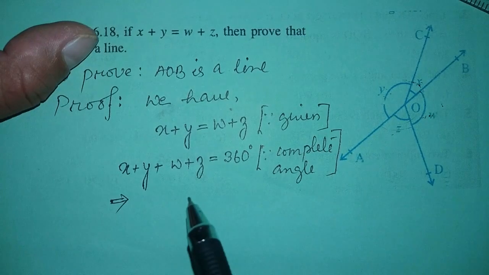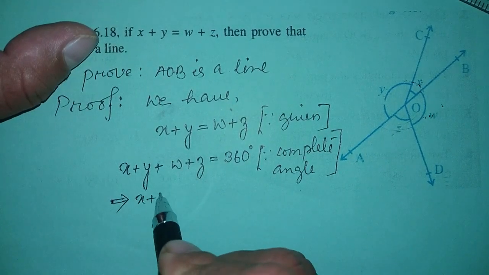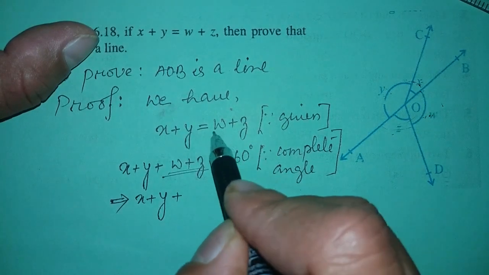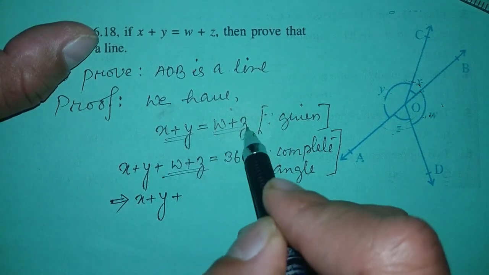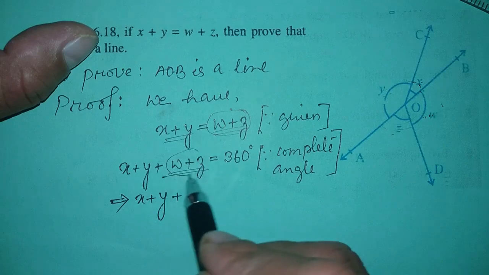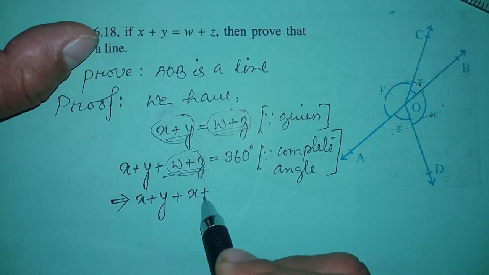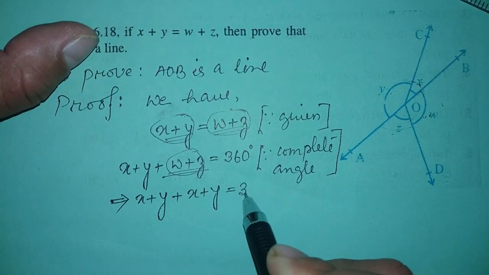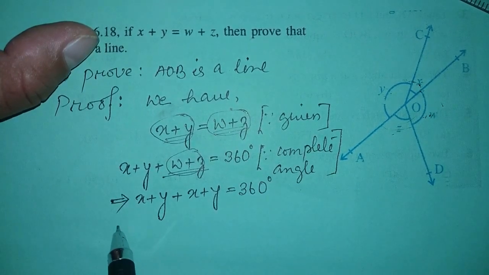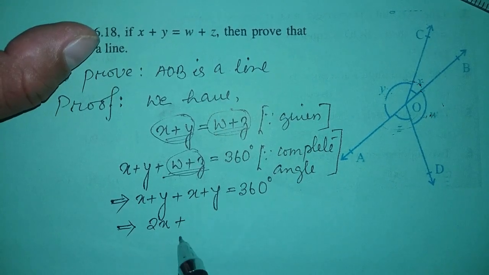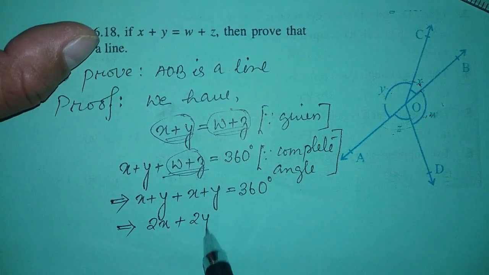Now x plus y plus w plus z, these two quantities w plus z and x plus y are equal. So in place of w plus z, I'm going to replace it with x plus y. So x plus y plus x plus y is equal to 360 degree. Now here we have x plus x, 2x, y plus y, 2y.